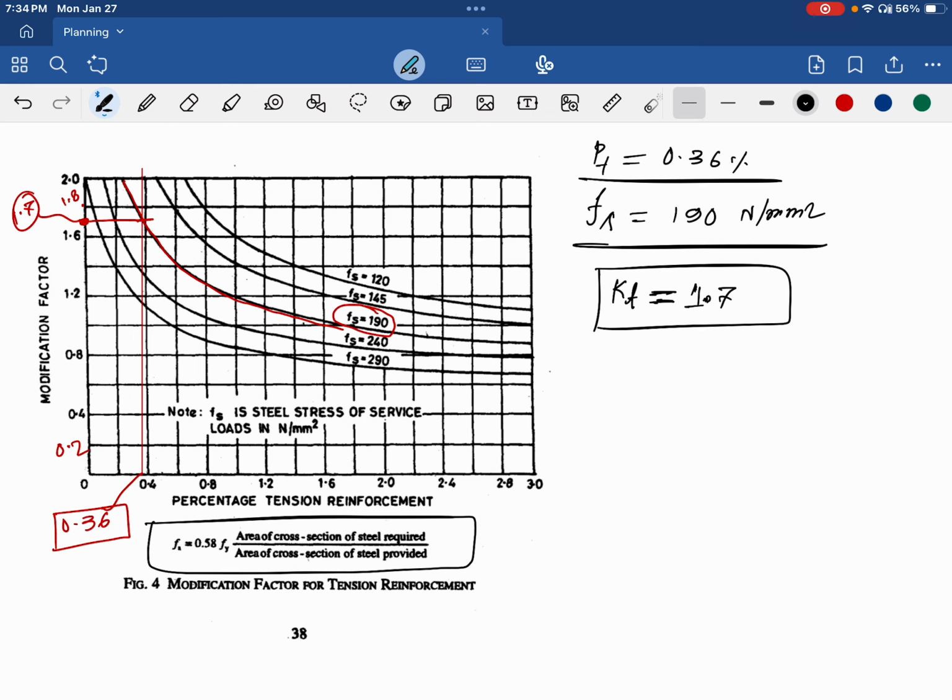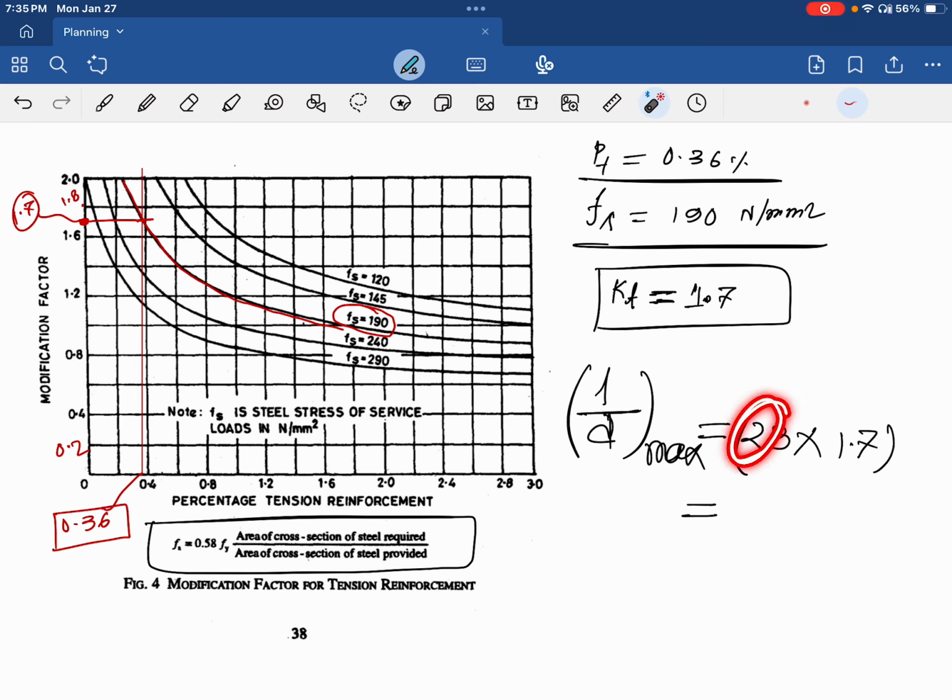Once we have it, now we can calculate L by d max. What is the L by d max for our slab? It is L by d basic value multiplied by Kt. Initially we assumed this basic value of span to effective depth ratio, multiplied with the modification factor.